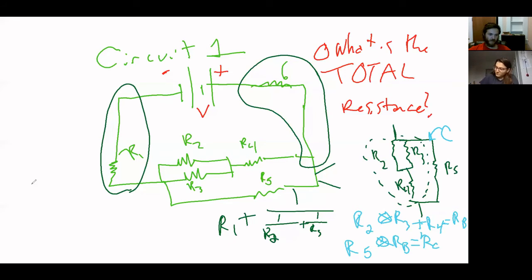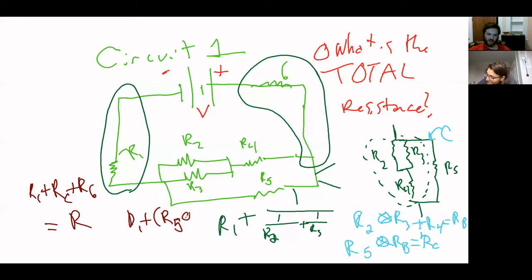So we have R1 plus RC plus R6 is equal to R, right? So then we have R1 plus R5, cross, B plus R6 is equal to, and that should be our final form, R1 plus R5. And then I'm going to do a parenthesis because we know our properties of this, what I can do with it.